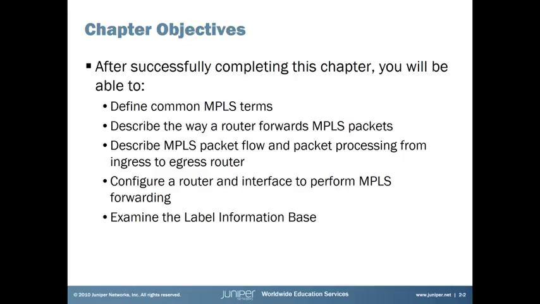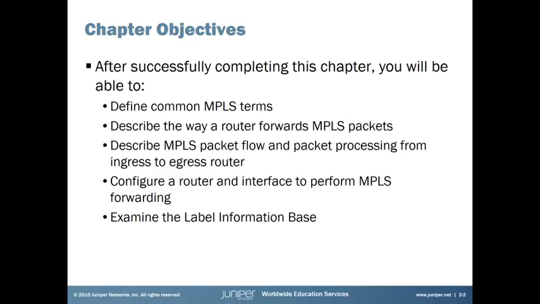So when we're talking about packet flow processing from ingress to egress, what we mean is traffic that is transiting through the provider's network. It's not traffic that is destined for the provider's network, or for any device within the network. It's going through the network.